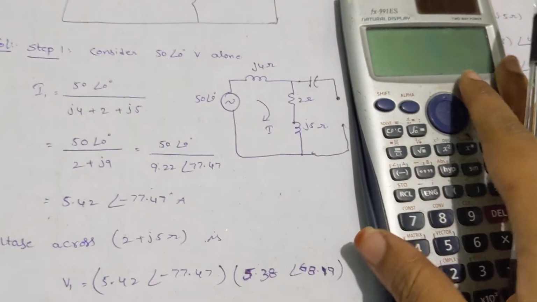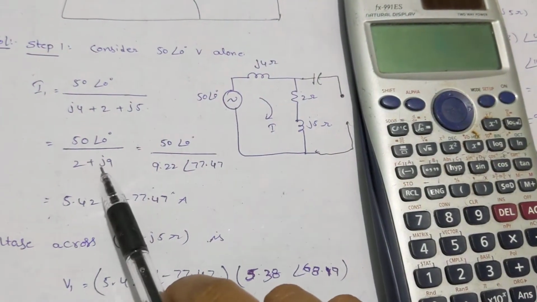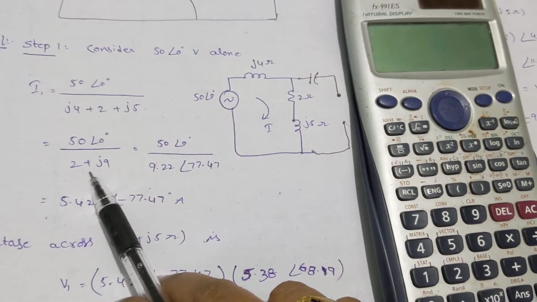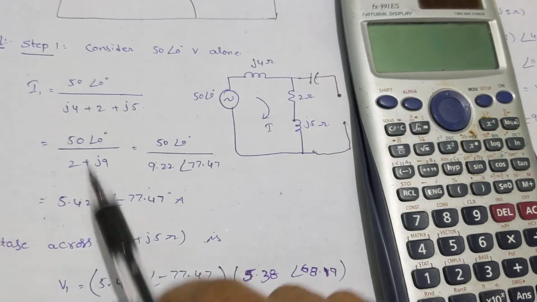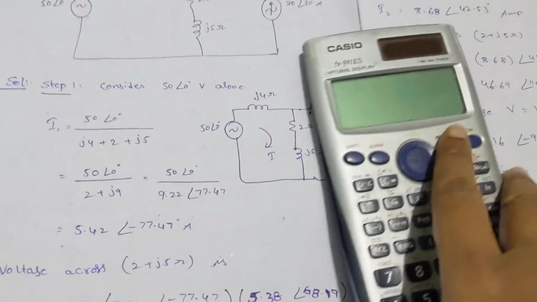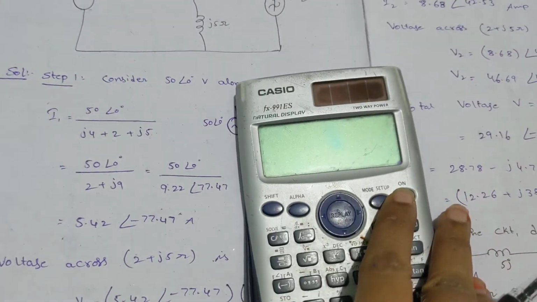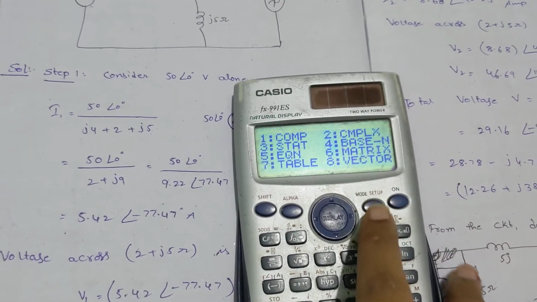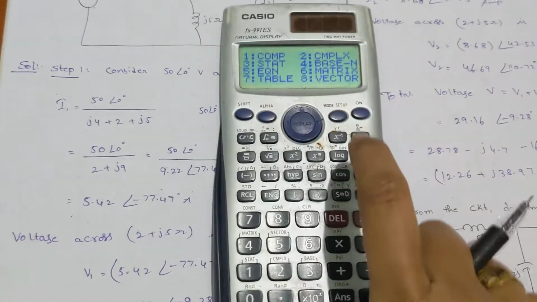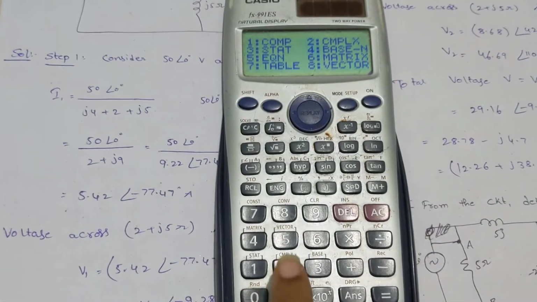So first method, I just want to convert this rectangular into polar. From the polar I calculate the final answer. For any case you have to keep the mode in complex. So I think the calci is visible to you.